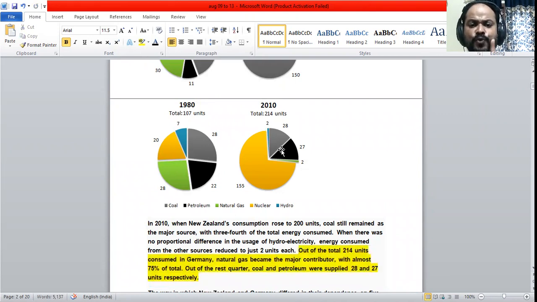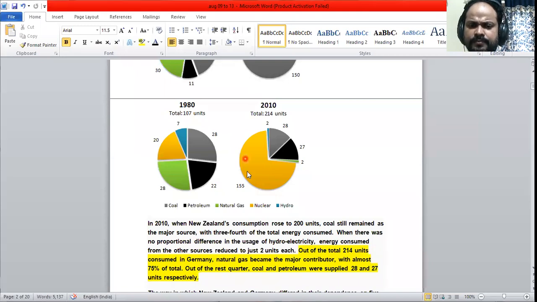Out of the total 214 units consumed in Germany, natural gas became the major contributor. It was something in 1980.